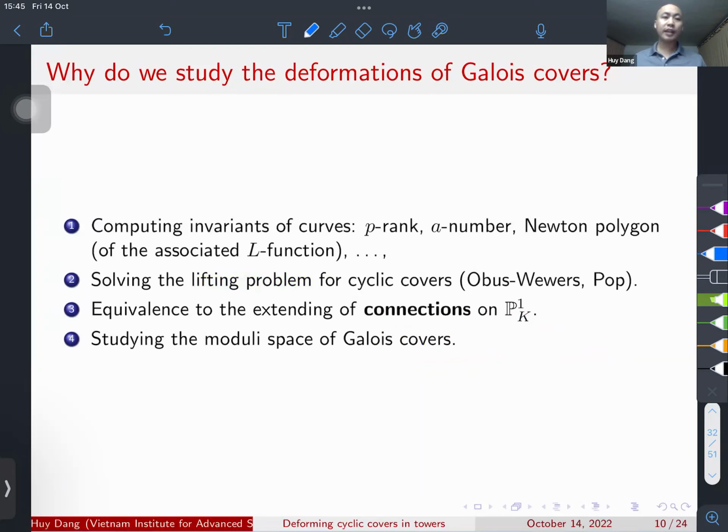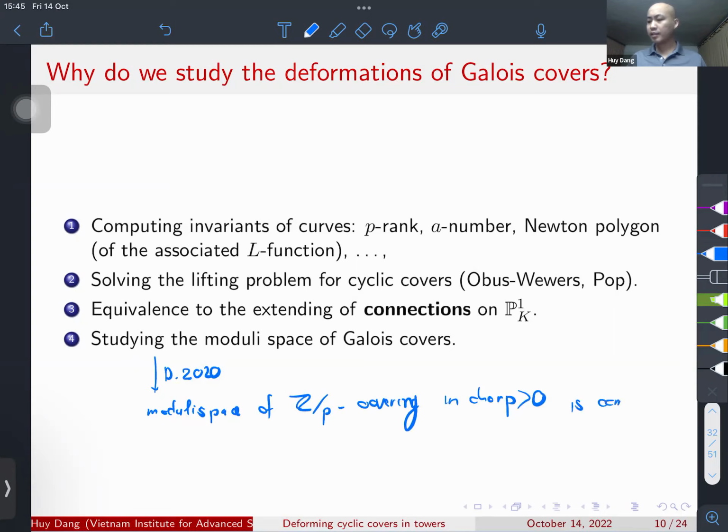And I did show one of my results in 20-something is that the moduli space of Z mod P covers in characteristic P is connected when the genus is large, when the genus of the original cover is large. Because understanding deformation will tell you about the geometry of the moduli space.